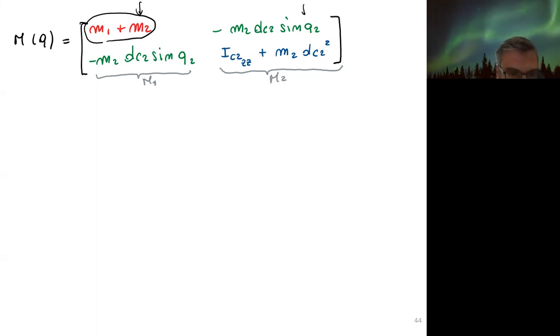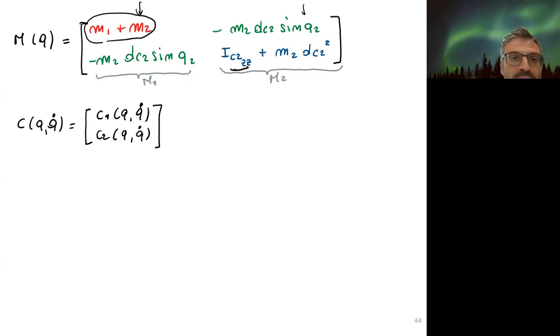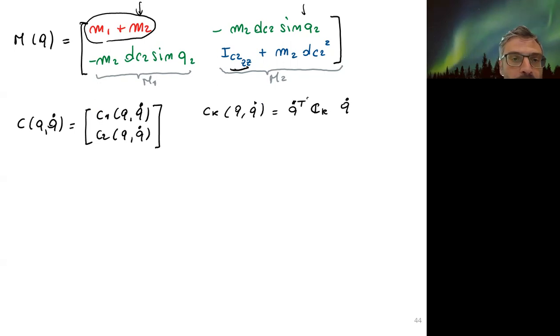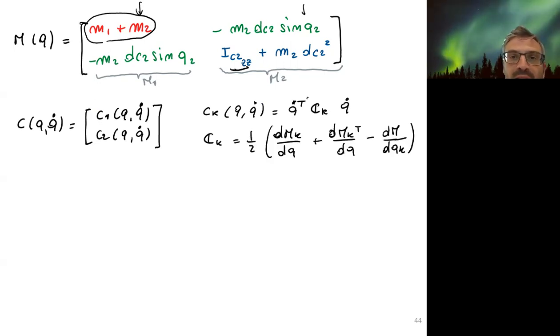You have the inertia only appearing in this lower right term, the inertia of the second link. And to compute the Coriolis term, you apply this formula. First, you compute the Christoffel symbols for those coordinates. So we start with the first coordinate.